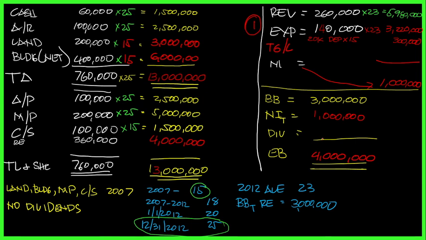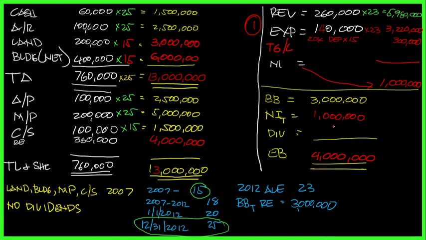If your translated revenue is 5,980,000, calculator mo, no? Minus 3,220,000 minus 300,000. Okay? You will have 2,460,000. Yan na net income.